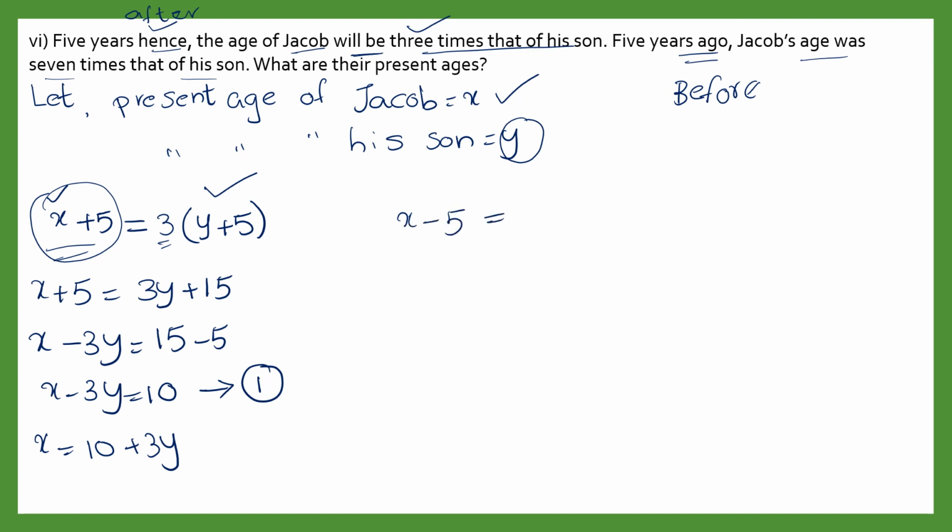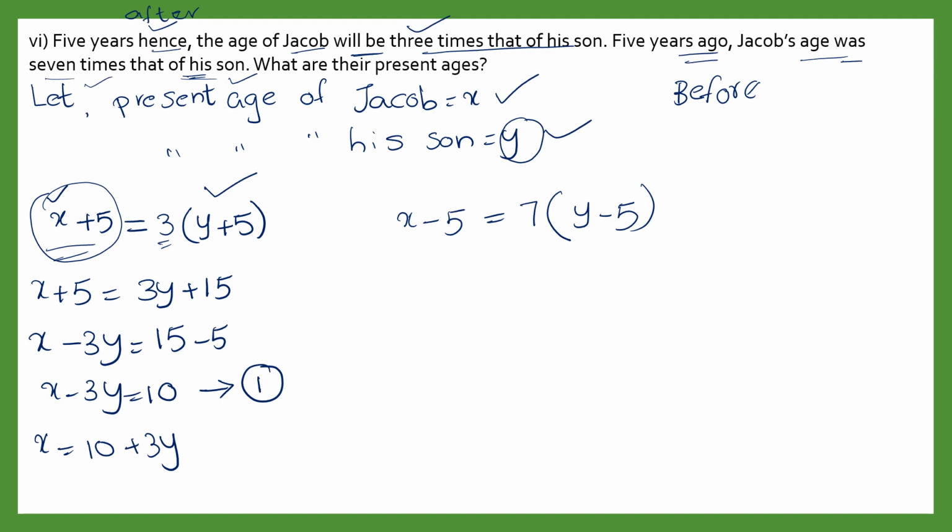They are telling Jacob's age was 7 times that of his son. His son's age 5 years ago will be y minus 5, since his present age is y.